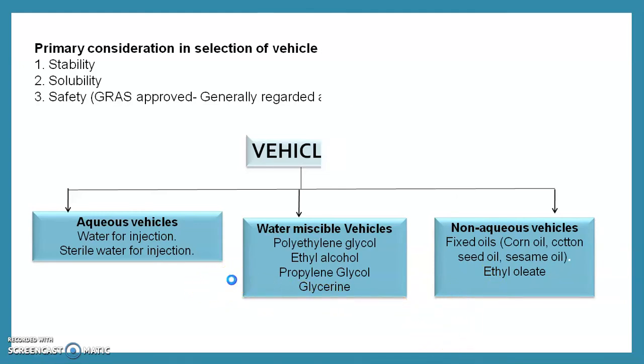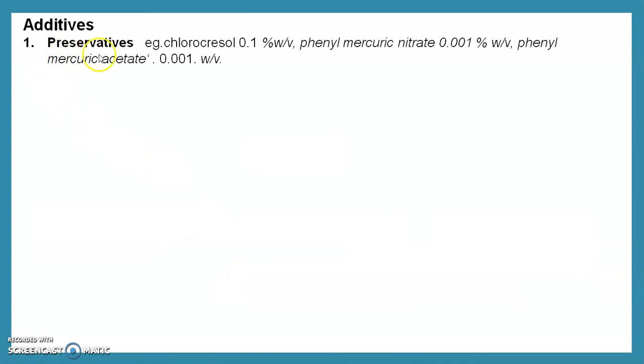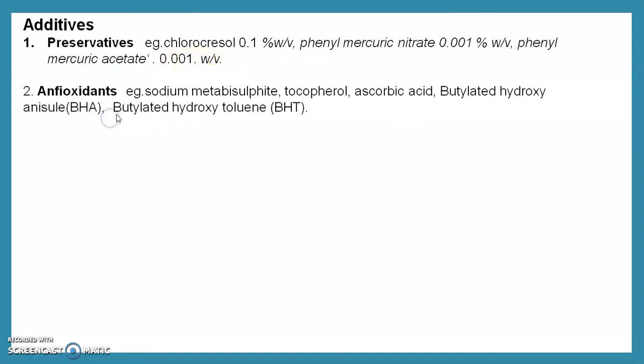Then we see the additives. First is a preservative. Examples are chlorocresol 0.1% w/v, phenyl mercuric nitrate 0.001% w/v, phenyl mercuric acetate 0.001% w/v. Then the second additives used for the preparation of parenterals are antioxidants. Examples are sodium metabisulfite, tocopherol, ascorbic acid, butylated hydroxyanisole, then butylated hydroxytoluene.